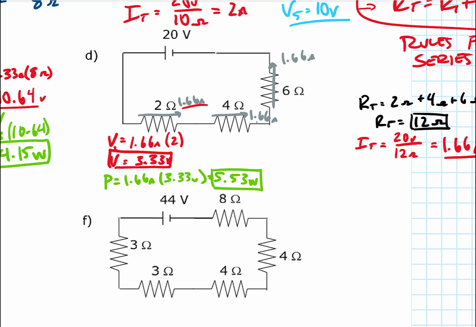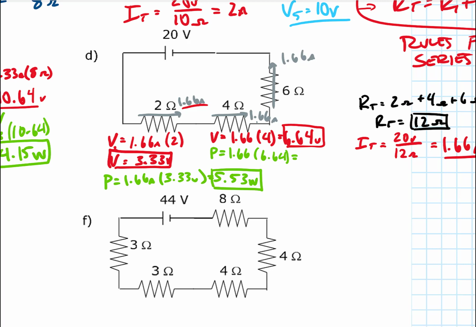For the next one, the voltage is 1.66 amps, the current through the resistor, times the resistance of 4 ohms. So that voltage comes out to be 6.64 through this resistor. And then the power through that resistor is 1.66 amps, the current, times the voltage, 6.64 volts.